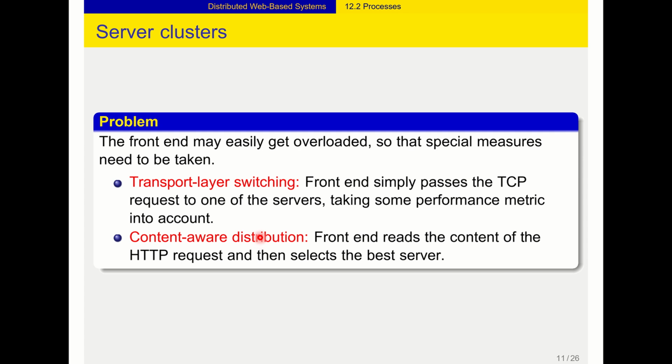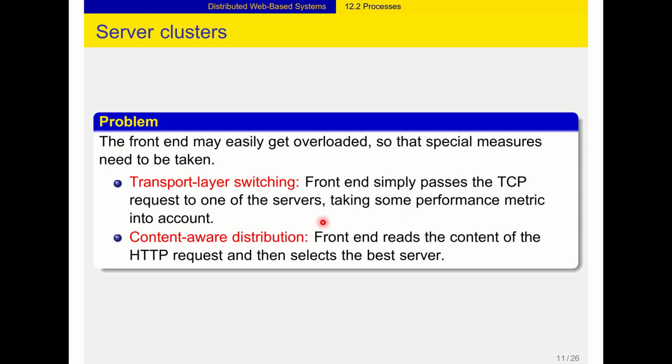To understand why we need transport layer switching or content aware distribution, these are approaches that decide how much of the request the front end looks at before making a decision. For transport layer switching, the front end simply passes the TCP request to one of the servers, taking some performance metric into account.